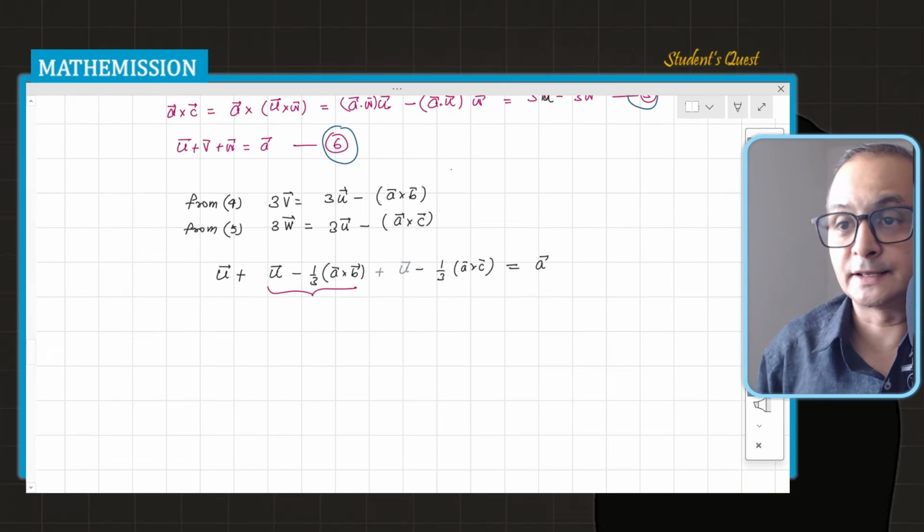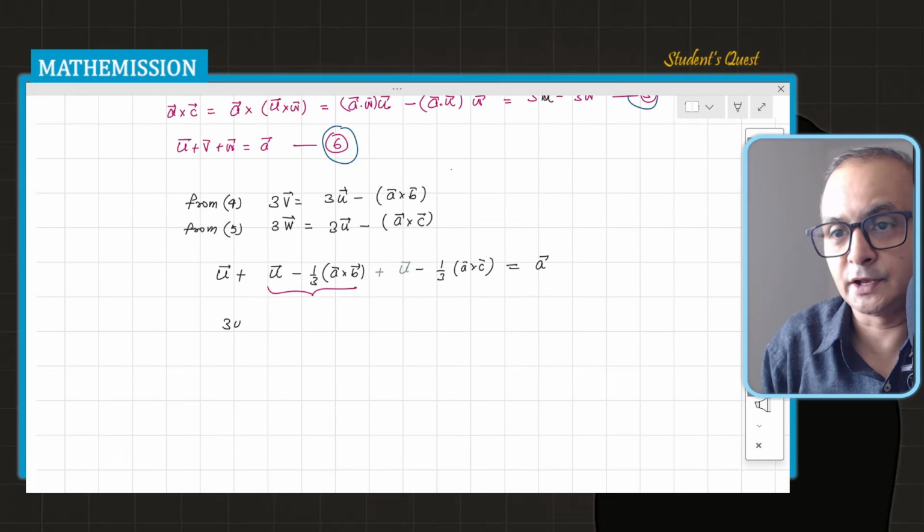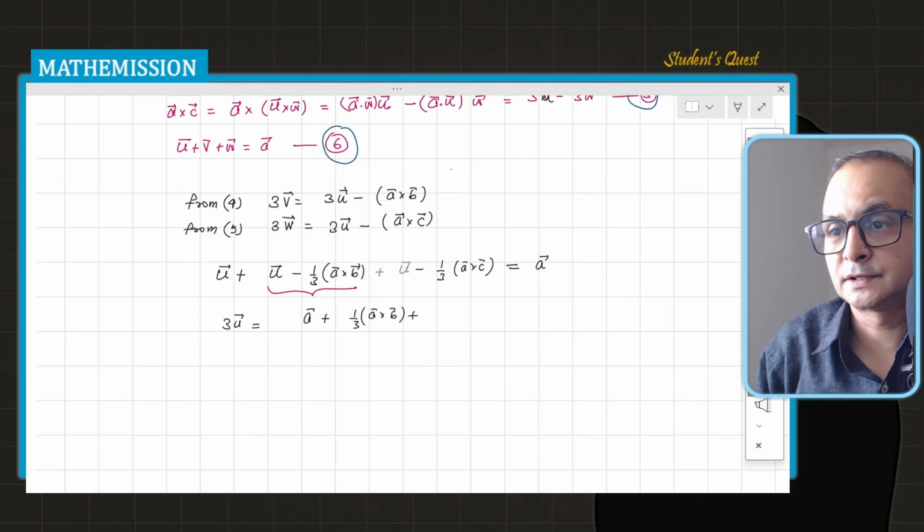So I can see that there are 3 u's there. So 3u vector is equal to a vector plus 1/3 of a cross b plus 1/3 of a cross c.